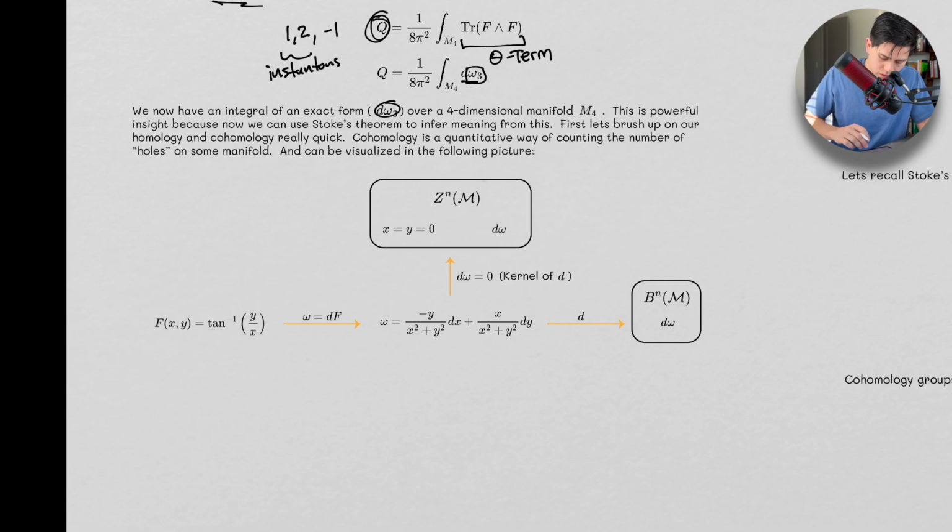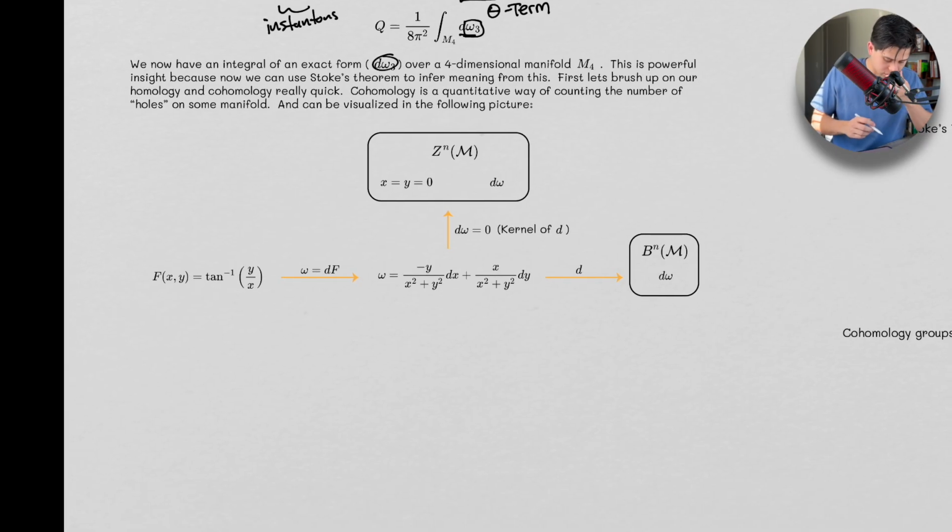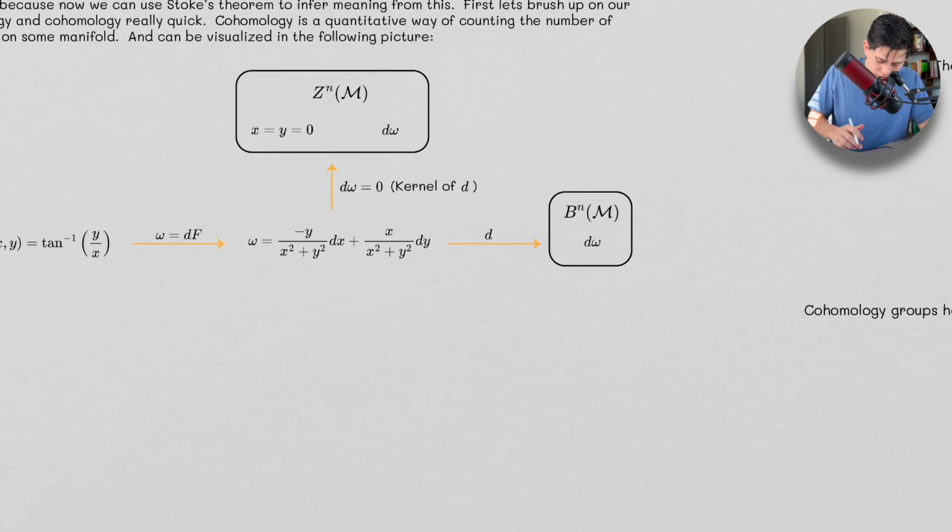So, okay, let's suppose we start with some function here. We could take the exterior derivative of this function, and we're going to call the exterior derivative of this function omega. Okay, so here's omega. And then we could take the exterior derivative again of omega, and we get this thing.